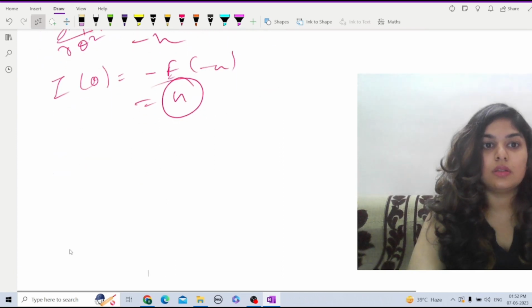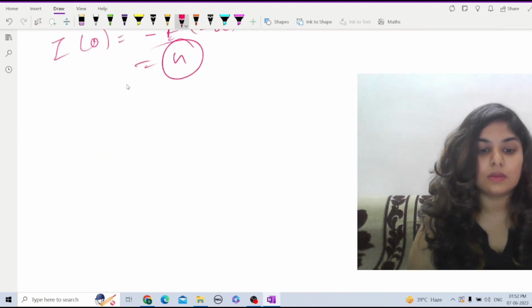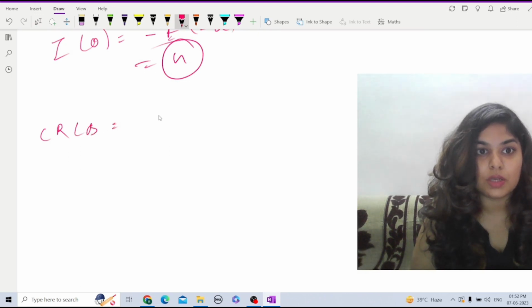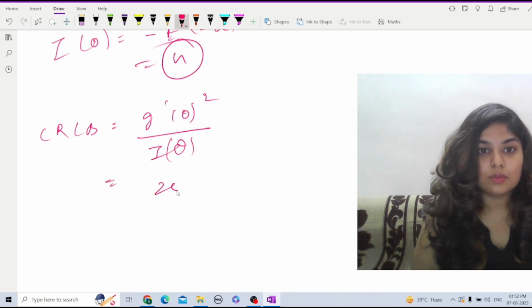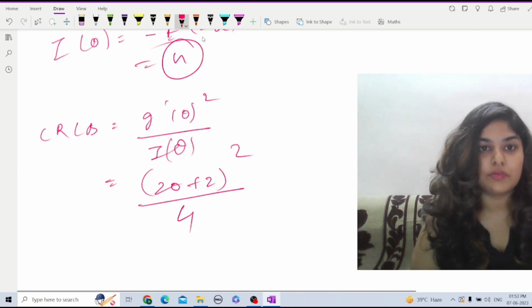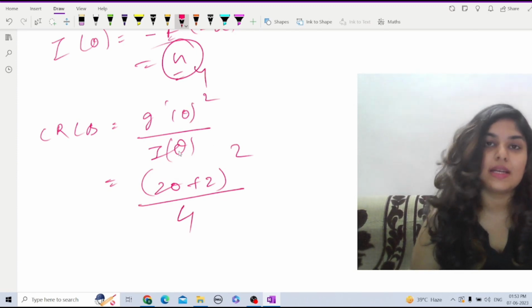Now if we put this value in our Cramer-Rao lower bound formula, g'(theta) whole square by I(theta), I have (2 theta plus 2) whole square by 4, correct? Because obviously n is equal to 4, the sample size given in the question.